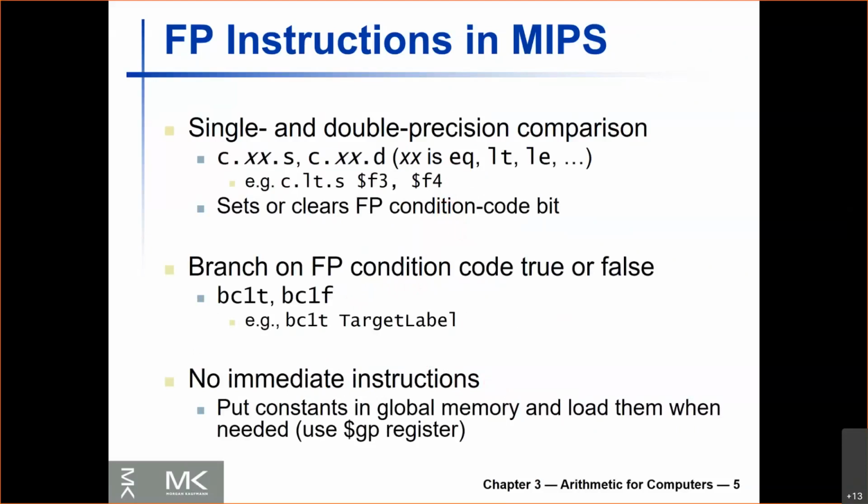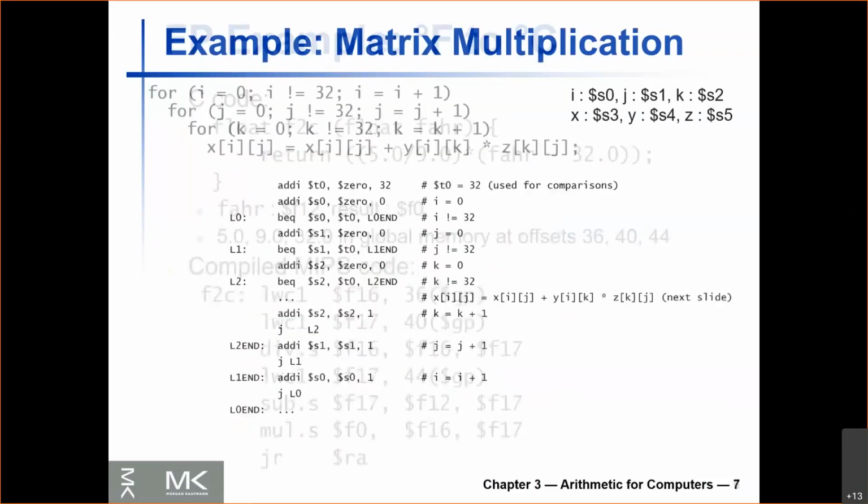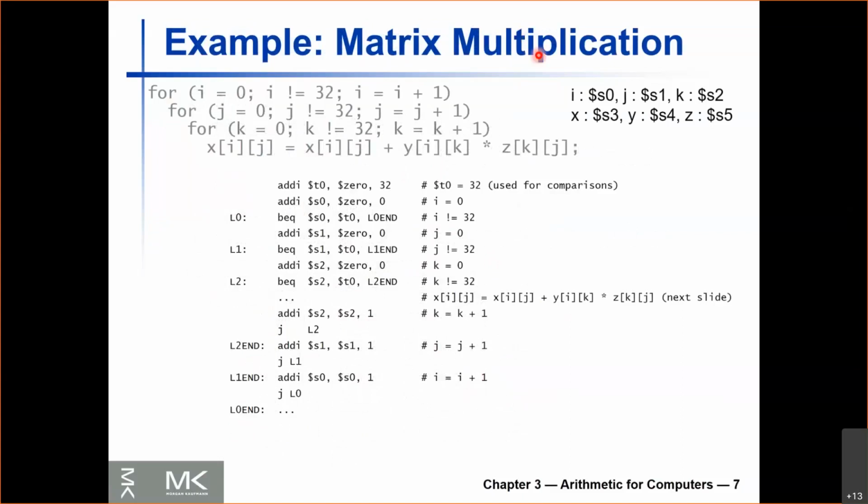And with that, we saw examples of how to write code that uses floating point values. We started with a simple code like this that converts from Fahrenheit to Celsius, and we saw how we use the load and the arithmetic instructions that correspond to the floating point coprocessor. And we also did a bigger example with matrix-matrix multiplication.